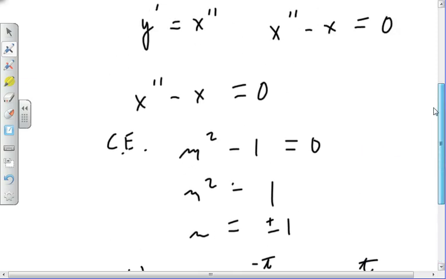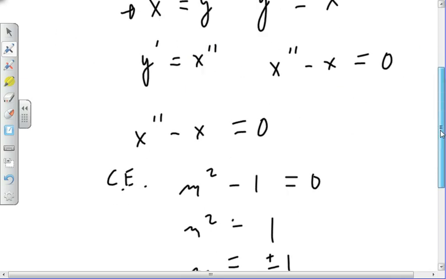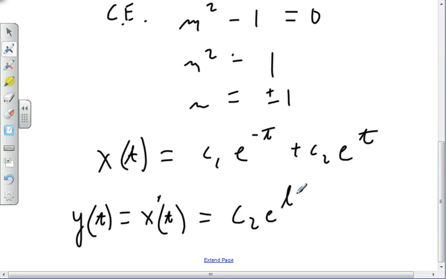And if that's the case, then y has to be x prime, so y of t has to be x prime of t, which would be c2 e to the t minus c1 e to the minus t. And now I'm done.